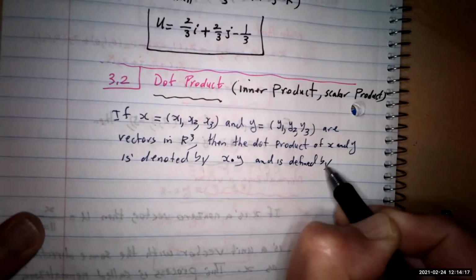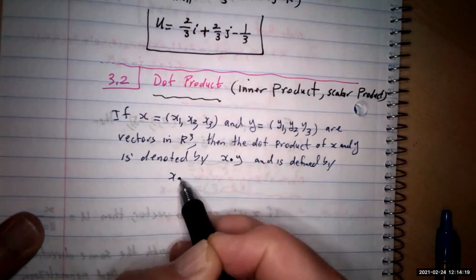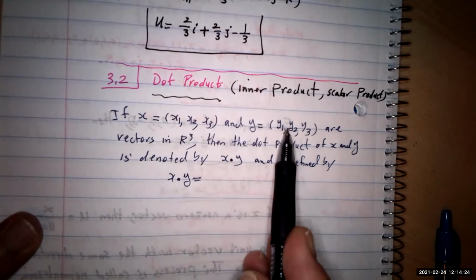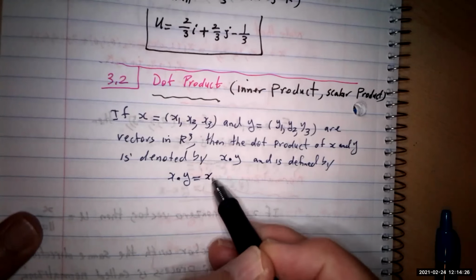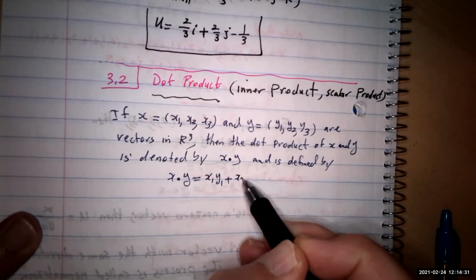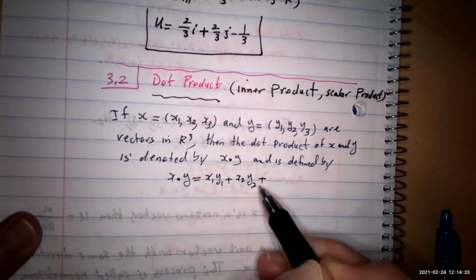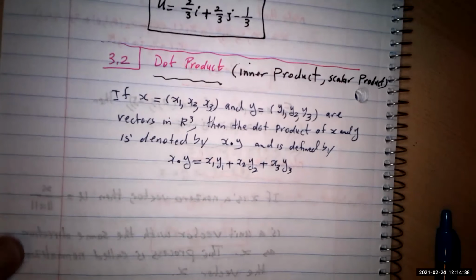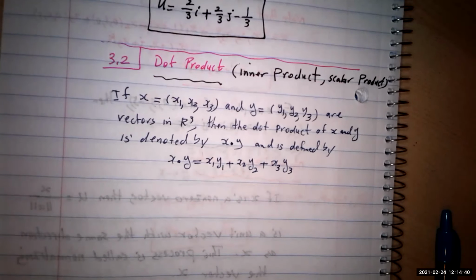x dot y is going to be x1 y1 plus x2 y2 plus x3 y3. You see, the terms on the right are all numbers. So this product is not a vector. You see, x dot y is a number, not a vector.